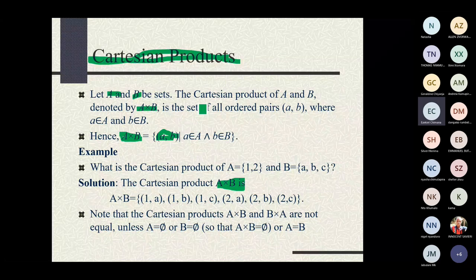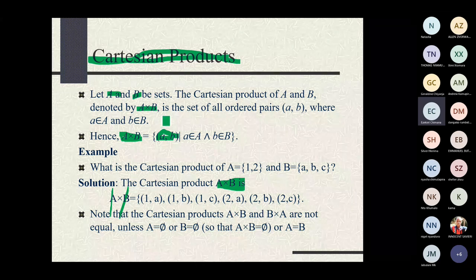So what you do here for the Cartesian product, at first you have 1 with a, matching this and this. Since A is our first set and B is our second set, we need to make sure that the first element will belong to A and the second element will belong to B. So here we've got (1, a), followed by (1, b), and then followed by (1, c).